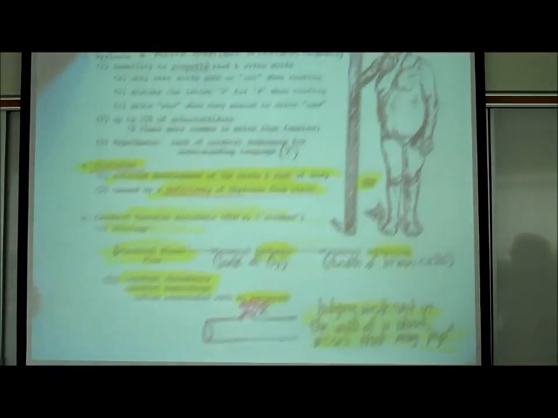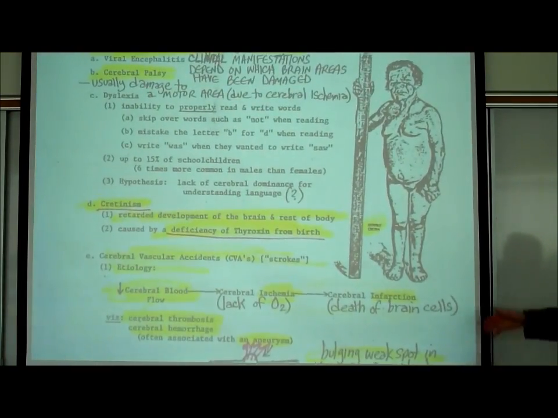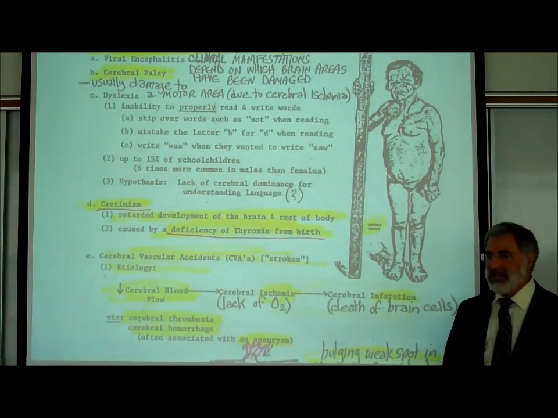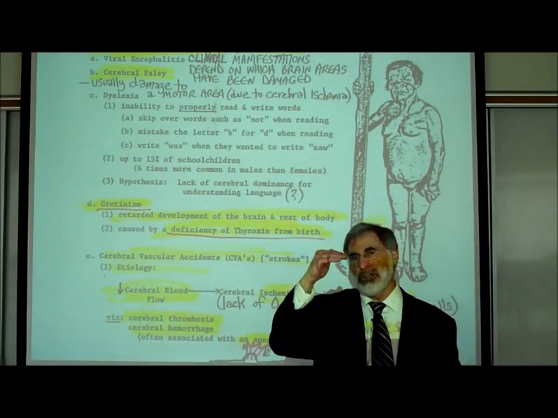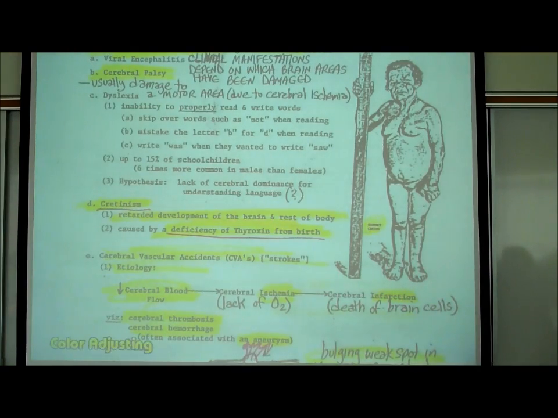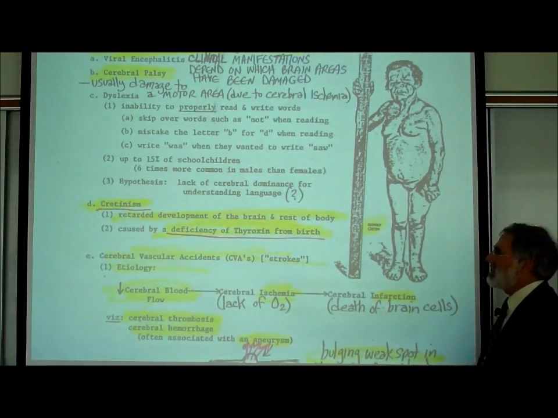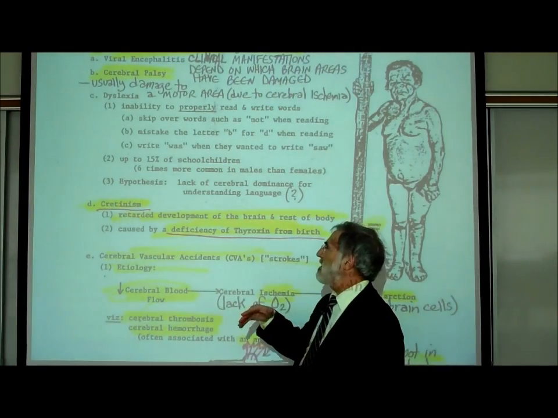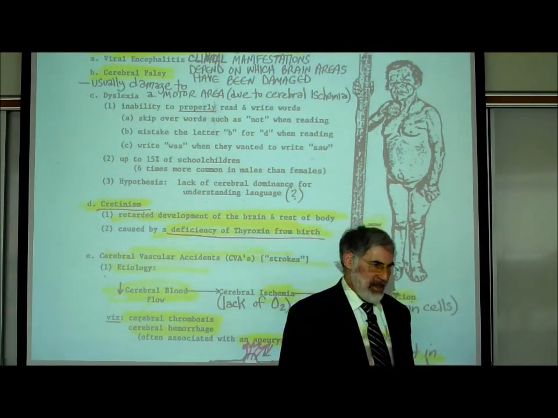The next term is cretinism. What is a cretin? There's a picture of a cretin right here. A cretin is an individual who is physically short, but in addition to being physically short, they are mentally retarded. And cretinism results from a deficiency of thyroxine from birth.